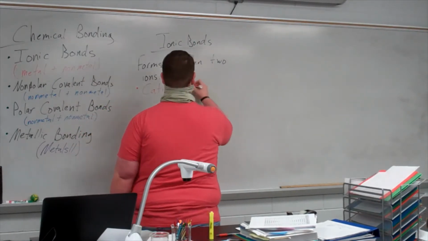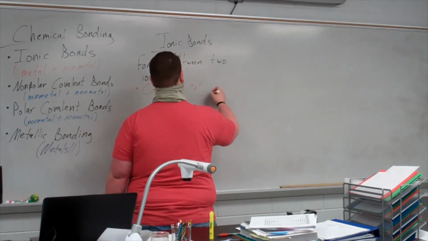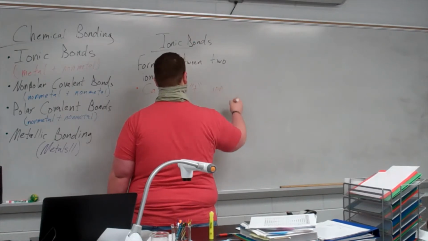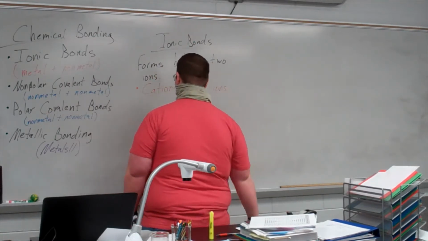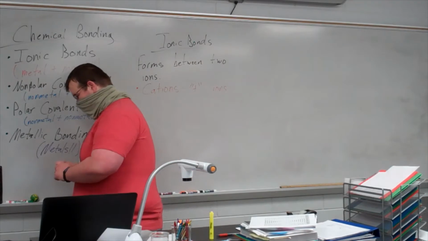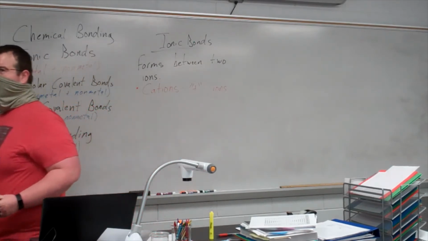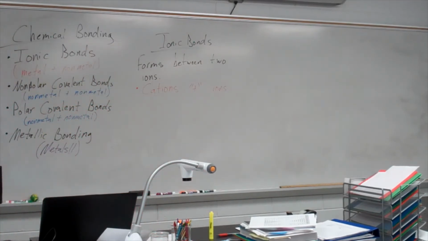These are positively charged ions. Now, this is where this comes from, is on your periodic table, it'll break it all down for you. So within this, I'm going to show a relationship between lithium and neon.